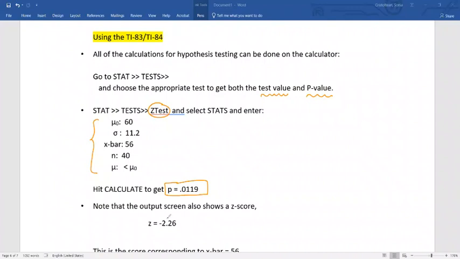However, you will also see that there is a z-score. Now keep in mind, this z-score is the corresponding value of an area of 0.0119 on the left tail. So the z, which is called the test value, the lowercase z, is the corresponding z value right here, which is negative 2.26, corresponding to the p-value, which is 0.0119. This was based on the standard normal distribution.